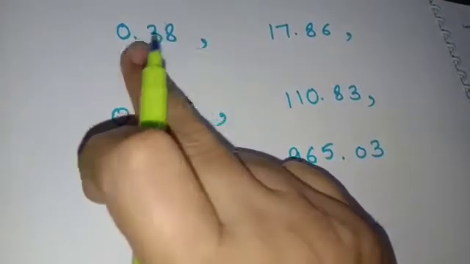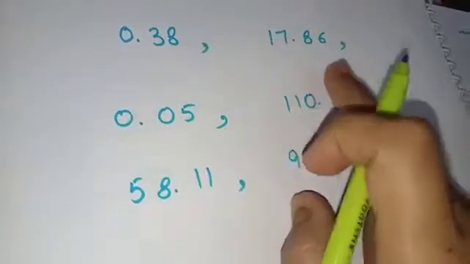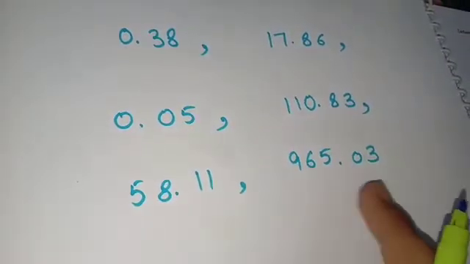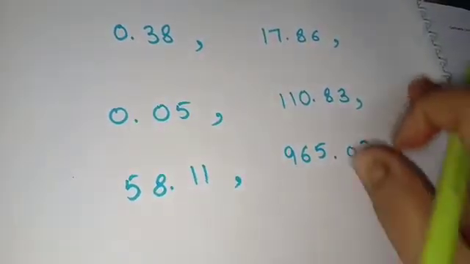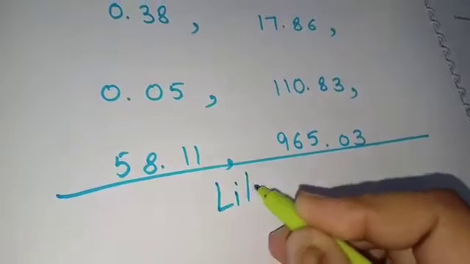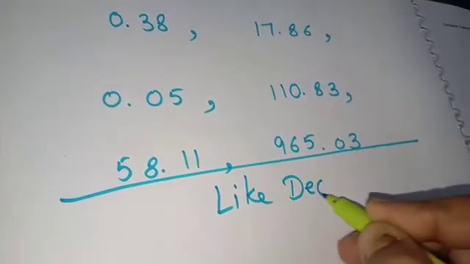The number of digits after the decimal is 2 here, and also 2, 2, 2, 2. So all these decimals are called like decimals.